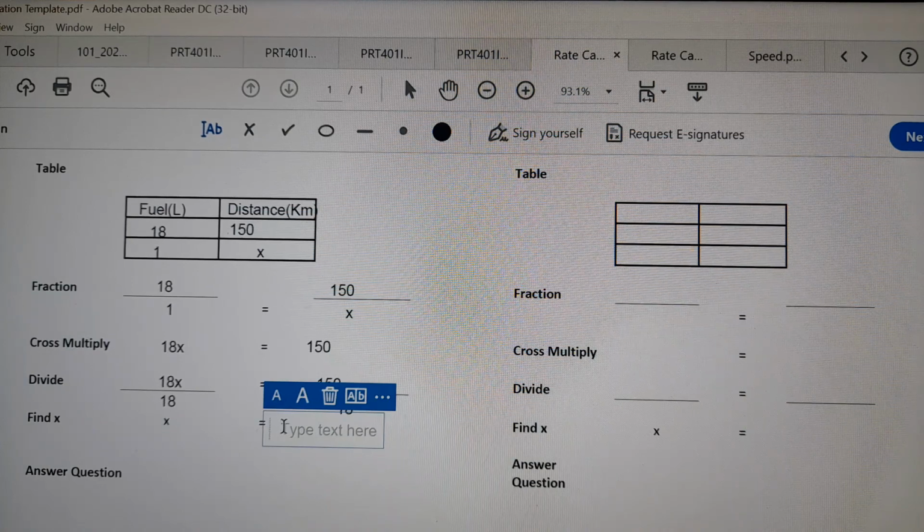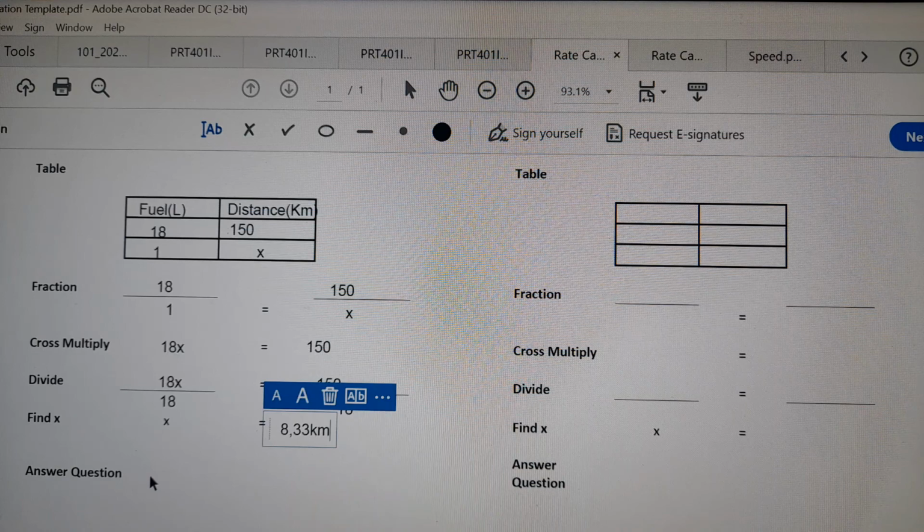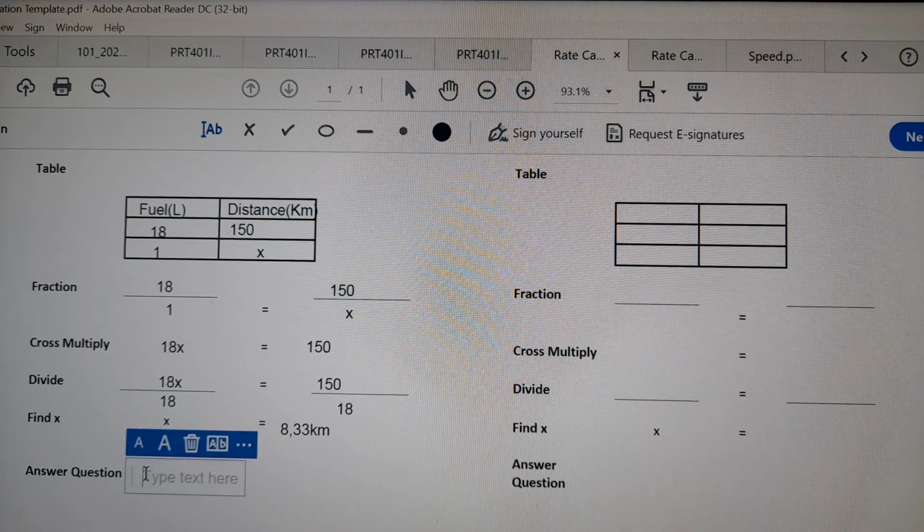So it's 150 divided by 18. That gives me 8 comma 33, and I'm looking for what? X is on the distance side, so that will be 8,33 kilometers. And now I will answer my question.